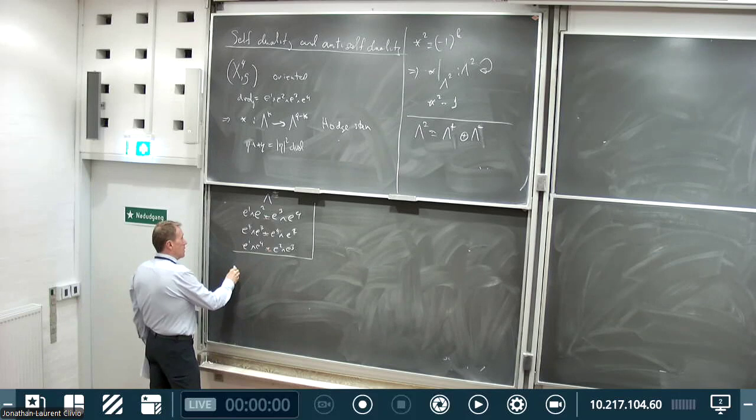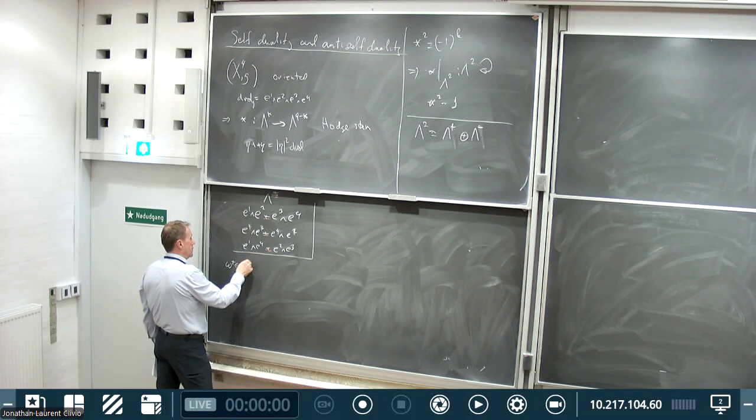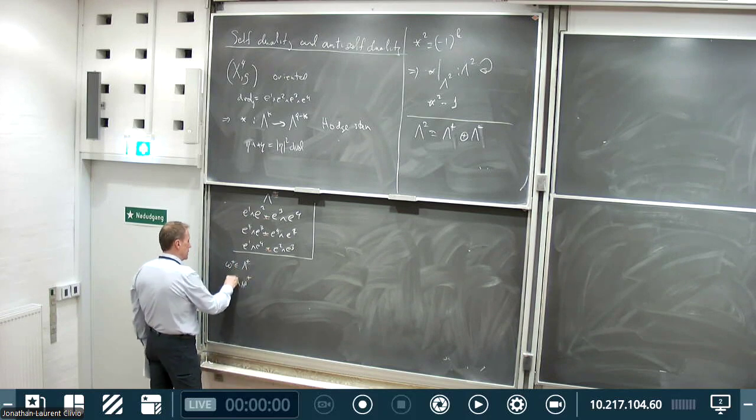These have the interesting property that if omega is plus or minus, then let's just start off with plus and then minus later.